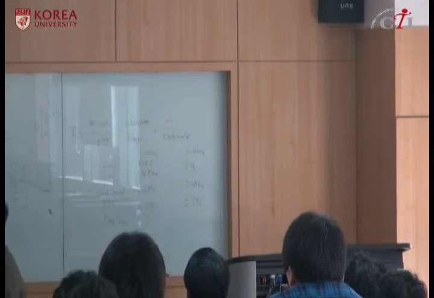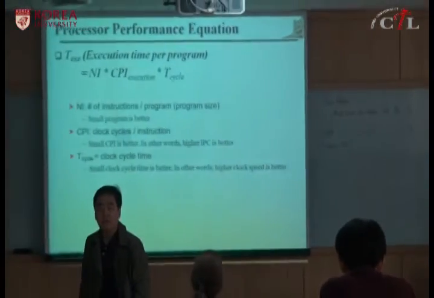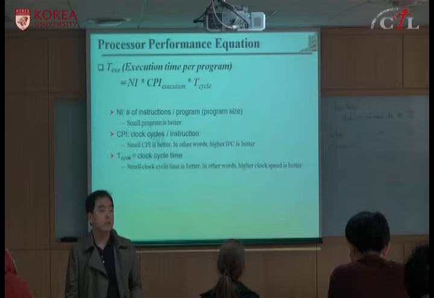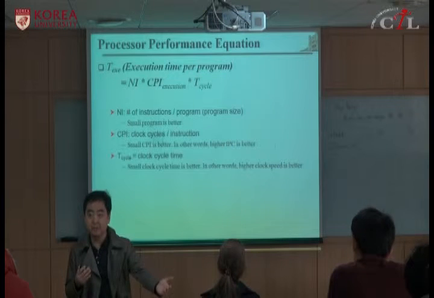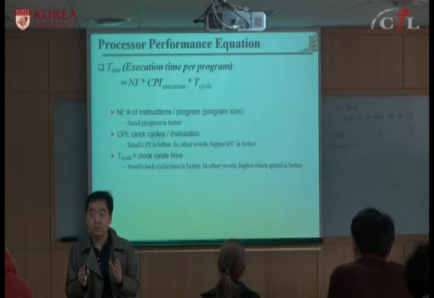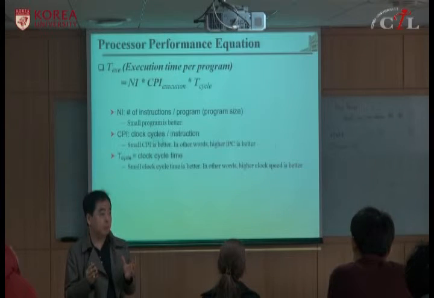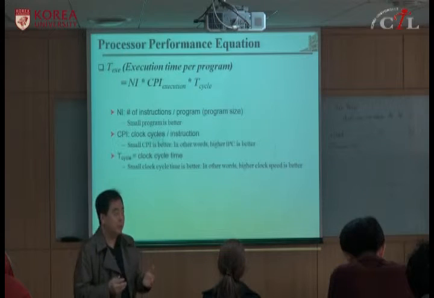Because Pentium 4 is a CISC processor. Alpha is a RISC processor. CISC means complex instruction set computer. It provides more instructions, and each instruction is complex, so you can express a complex operation using a single instruction.